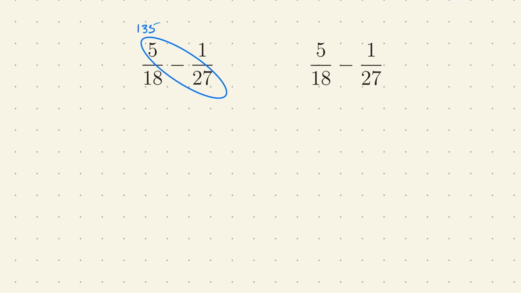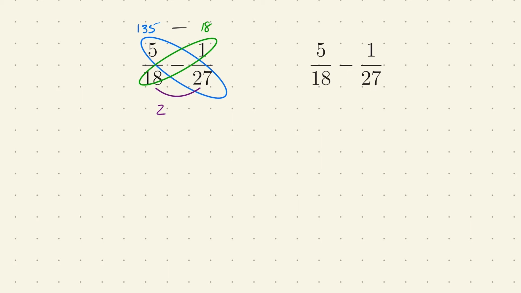So we have 135 there. When I cross multiply the other direction, I have 1 times 18. This will give me 18. And I am subtracting. Now I need to multiply the denominators together.